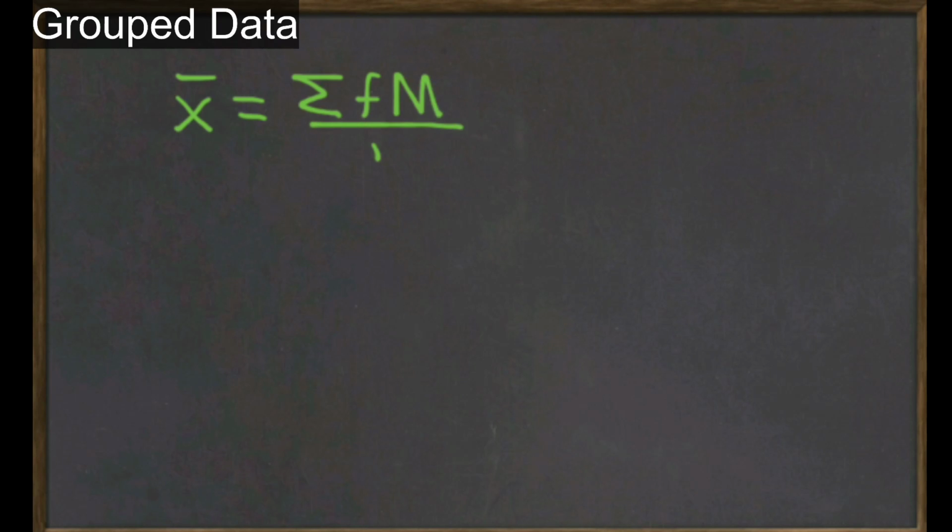We're going to work with the sample data here, and so the mean we'd refer to as x bar. We're still going to sum up, but it's not going to just be over x here. We're going to look at the frequency and the midpoint, and we're going to divide by n. Again, we're in the sample world, so that's a lowercase n.